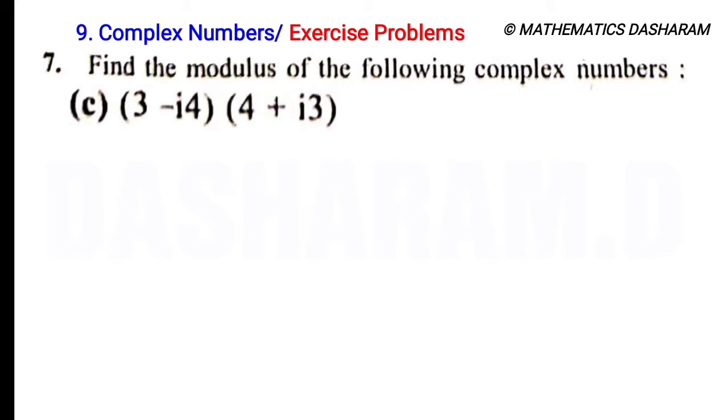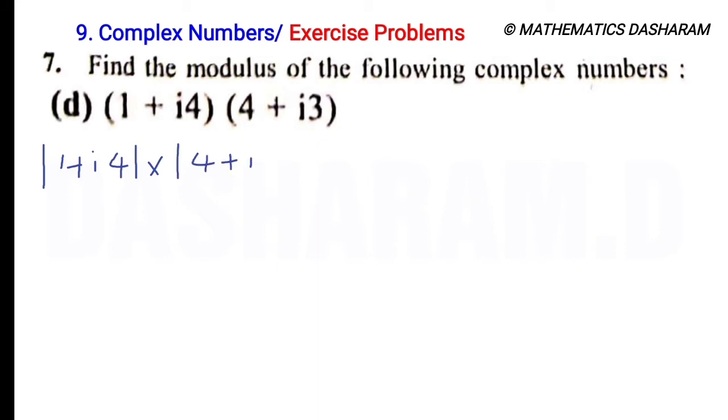Next question number D, 1 plus 4i into 4 plus 3i. So mod 1 plus 4i into mod 4 plus 3i. We can apply the mod symbol for 1 plus 4i and 4 plus 3i individually.